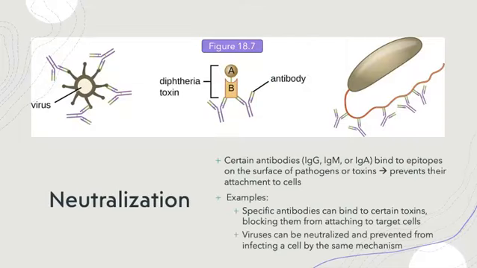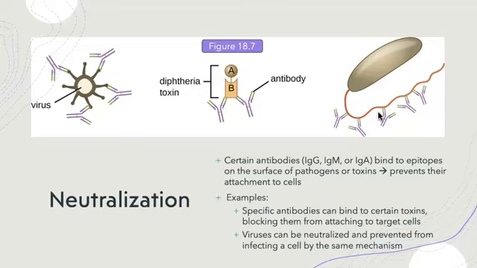We'll start with neutralization, and we have certain antibodies, mainly IgG, IgM, and IgA, that are able to bind to the epitopes on the surface of their pathogen. So here we see an example of the virus and antibodies attaching to their spikes. Here's the diphtheria toxin in which the antibodies attach, or this bacterial cell's flagella, right?